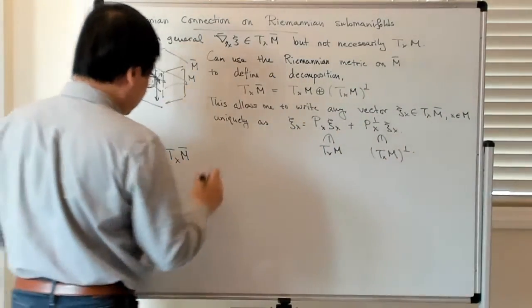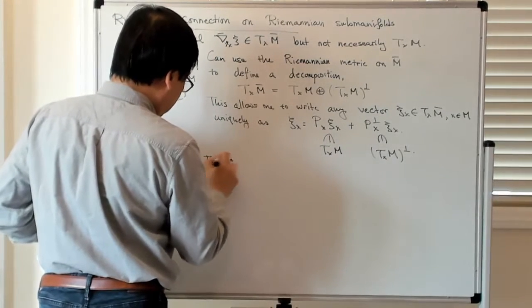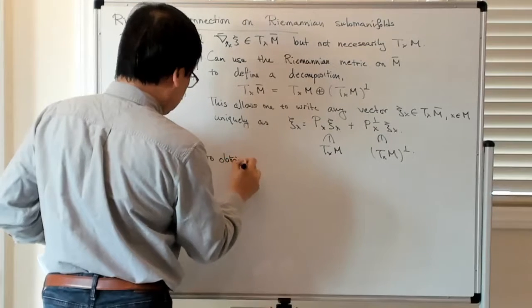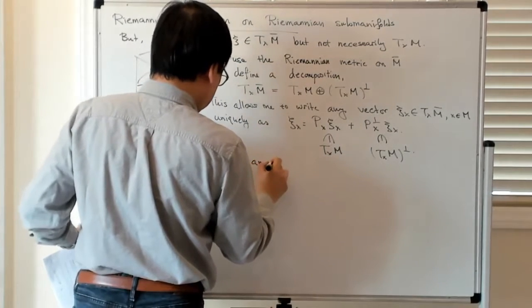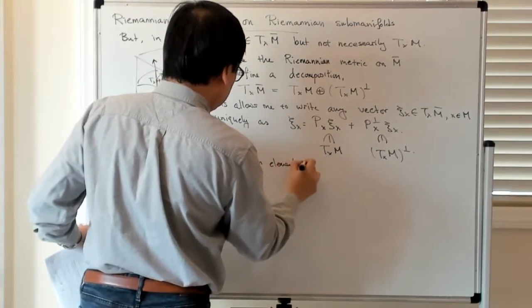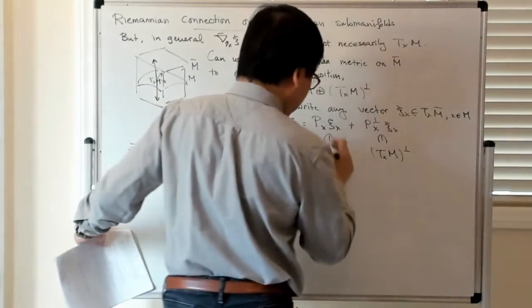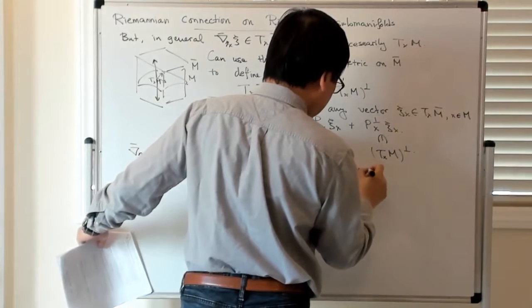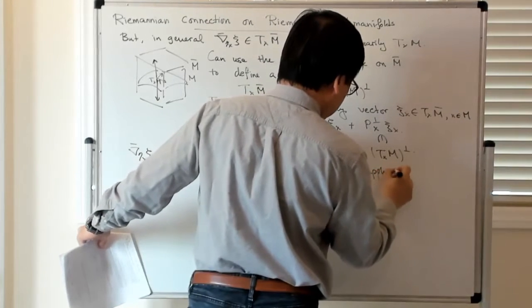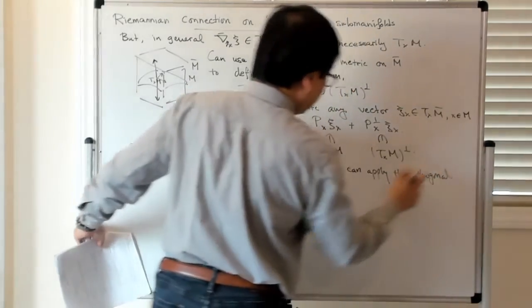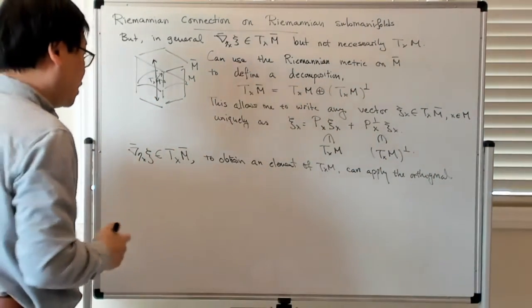So to obtain an element of Tx M, you can apply this orthogonal projection. And the orthogonal projection, again, is with respect to this Riemannian inner product.